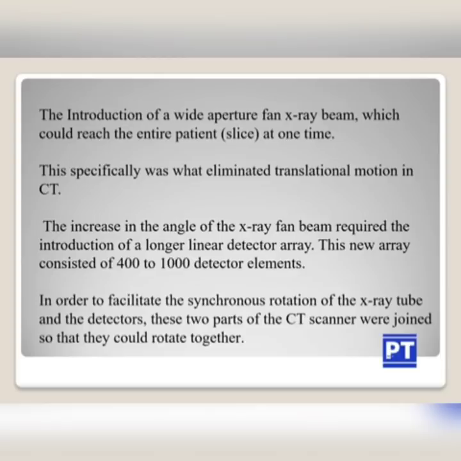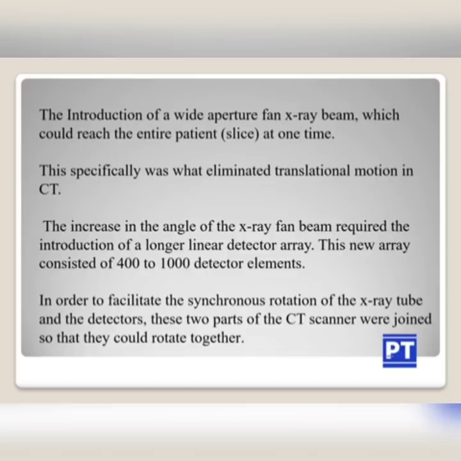In order to facilitate the synchronous rotation of the X-ray tube and the detector, these two parts of the CT scanner were joined so that they would rotate together. So the X-ray tube and the detector are connected together. Both will be rotating clockwise as well as anti-clockwise.